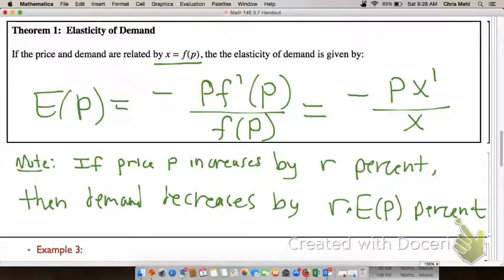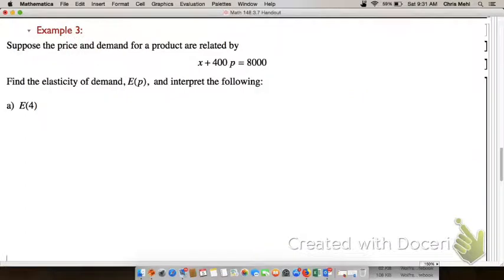But quick, let's do one example here that I did in class. I'll assume a percentage increase in price, and then I will find the corresponding decrease in the demand. So this is about as far as I got in class. We did an example.